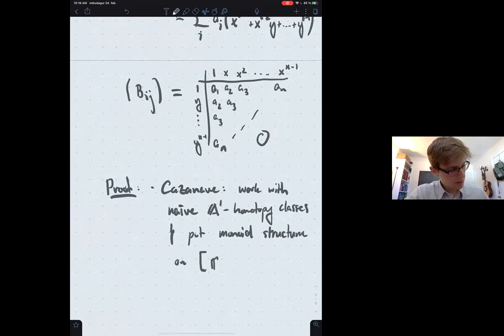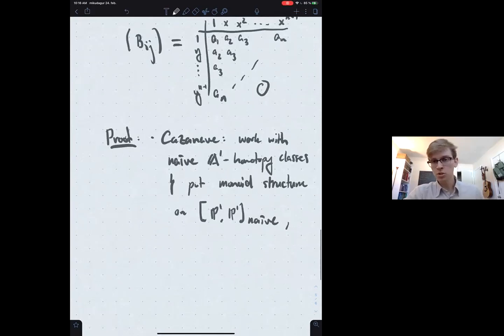And then the next step is to show that you get a universal way of mapping from naive A1 homotopy classes to A1 homotopy classes, genuine A1 homotopy classes. And it turns out that this map is a group completion, or a groupification.